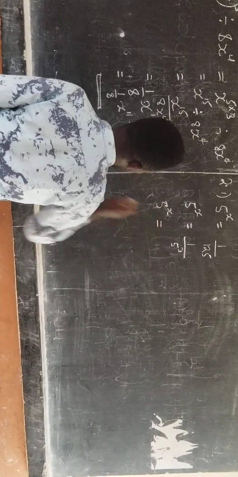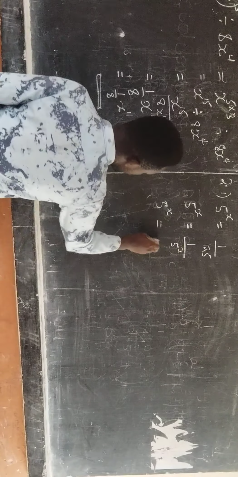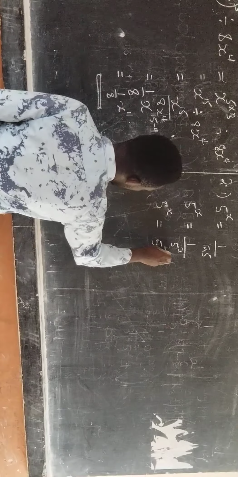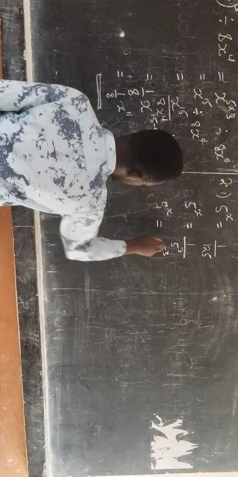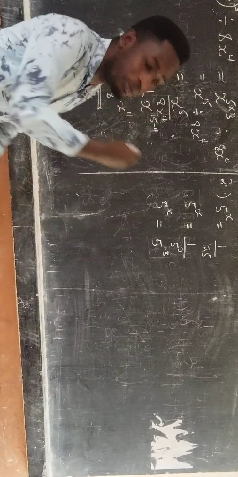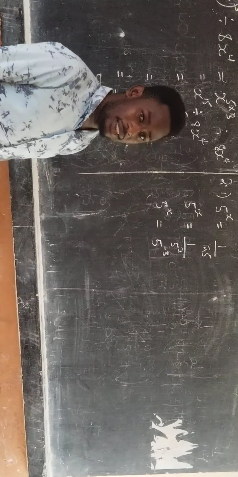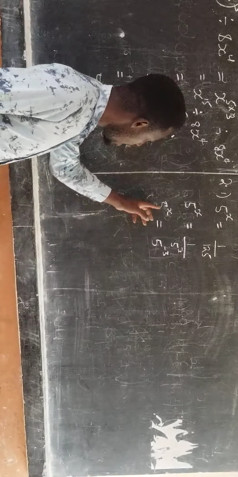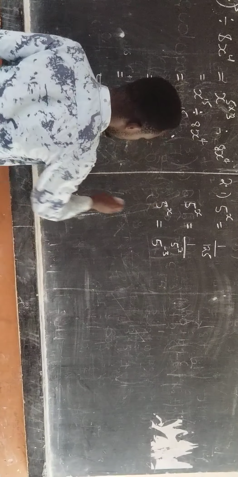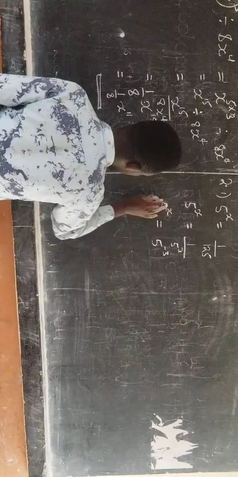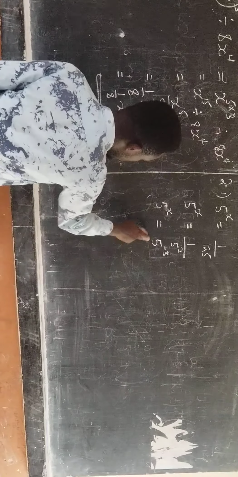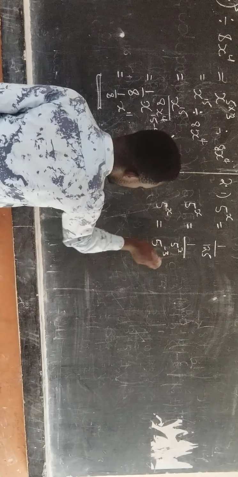So 5 power x becomes 5 power minus 3. The negative just implies that I have done the reciprocal. Is that okay? So this and that, they are the same. Now I have succeeded in making sure the bases are the same. This is 5, this is 5. So since the bases are the same, I'm just going to equate the powers.